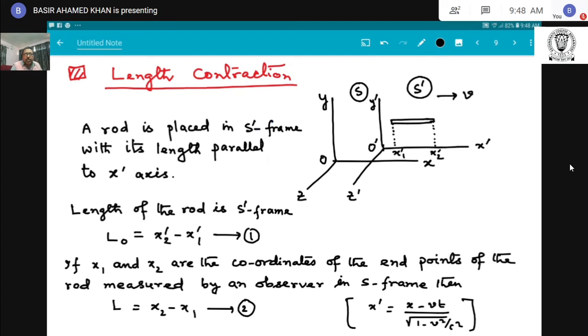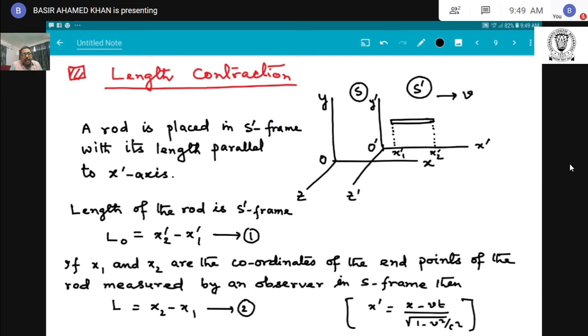The length of the rod in the S dash frame, L0, equals x2 prime minus x1 prime, and this is the proper length. It is the length measured by an observer in the S dash frame, where x1 prime and x2 prime are the coordinates of the two endpoints.